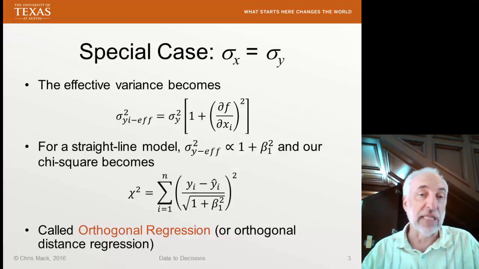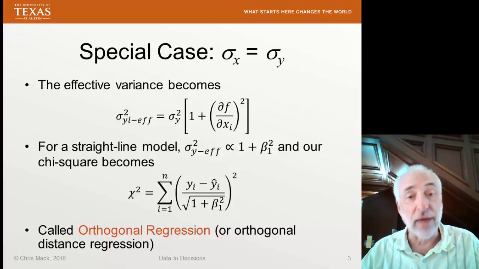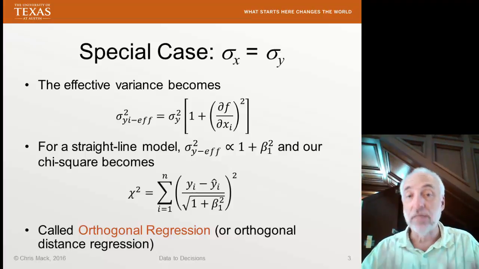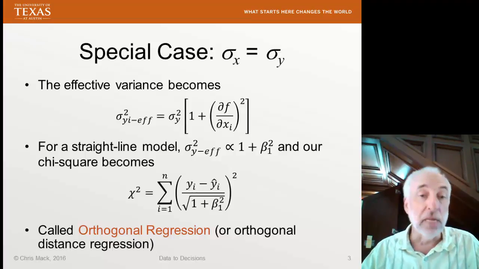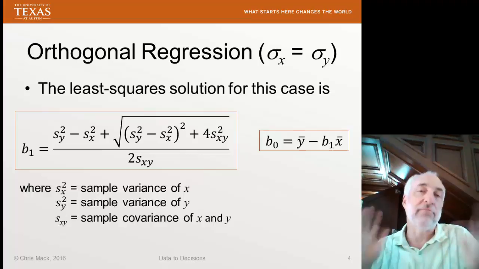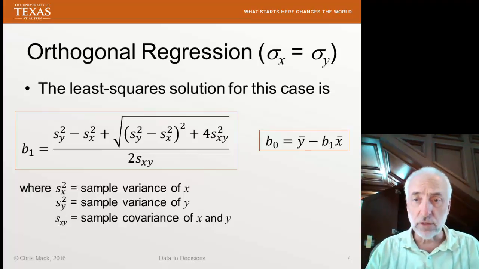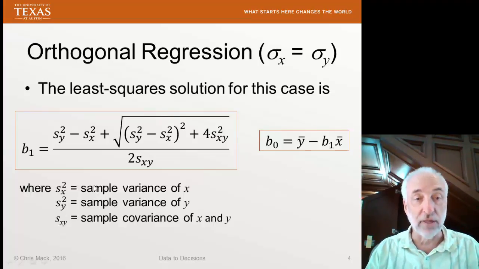For right now, though, we can think of it like a maximum likelihood estimator. We take the derivative with respect to the parameters, set them equal to 0 to maximize the likelihood, minimize the value of chi-square. When we do that, there's just some algebra you have to do and you get an answer. It turns out the answer for the intercept is the same as we've seen all along, but the answer for the slope is a little bit different.